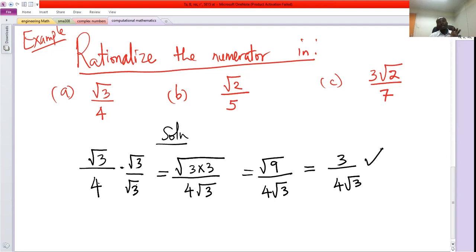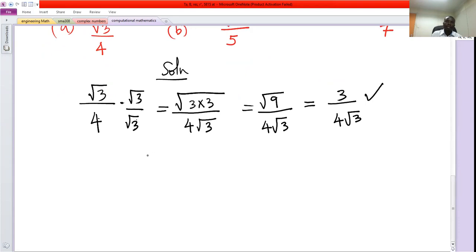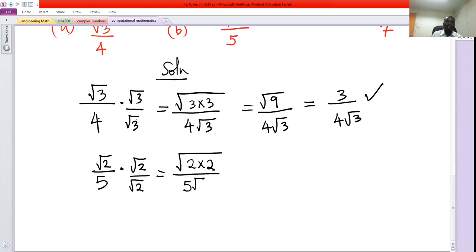Remember, when we say rationalize the numerator, it means that in your new answer, the numerator should not have a surd expression. Next one, root 2 over 5. You multiply by root 2 in the numerator and the denominator. So root 2 times root 2, you write 2 times 2 under the root sign. 5 times root 2, you just write 5 root 2.